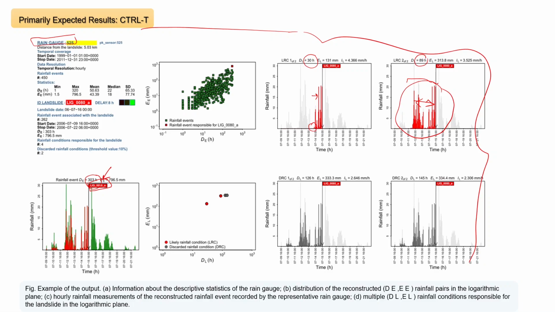You see 300, and different antecedent periods. And here you see the discredited rainfall conditions, DCR. This is discredited and not included, because we also couldn't find valid information related to it.